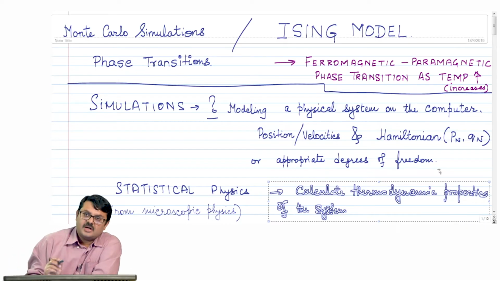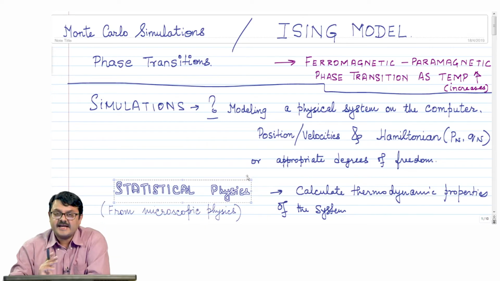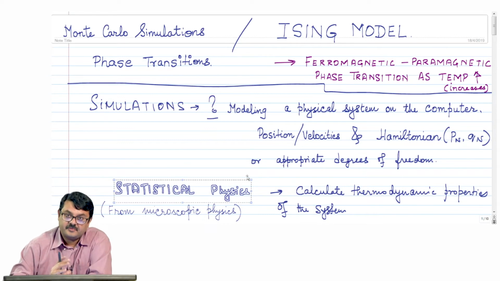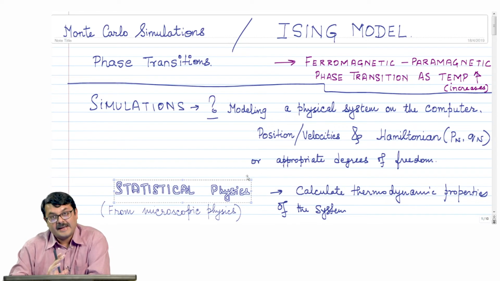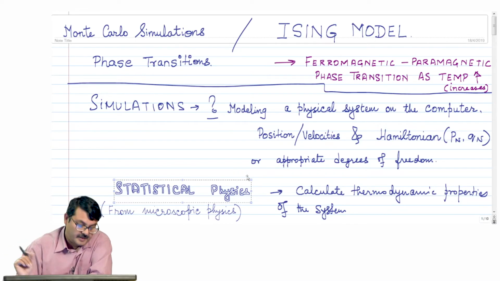Right. Now, just to remind you, what does statistical physics do? It connects microscopic degrees of freedom, or you start from the microscopic physics and it gives you a mechanism to calculate thermodynamic properties of the system, which are typically measured in the lab.